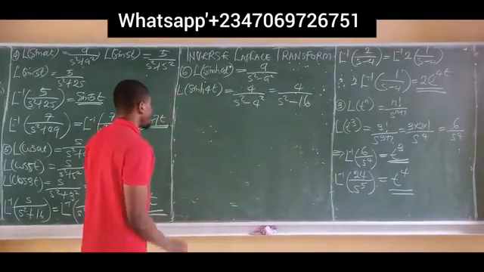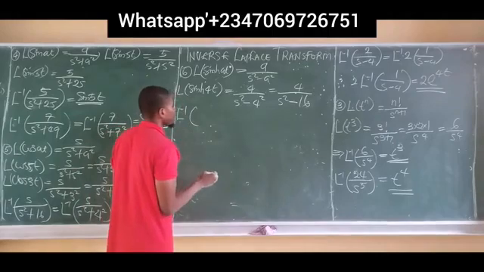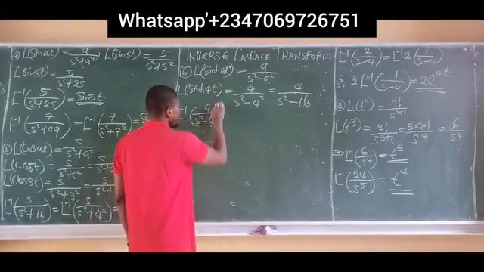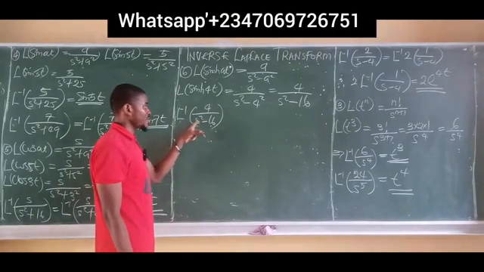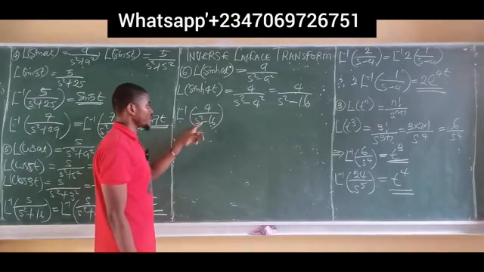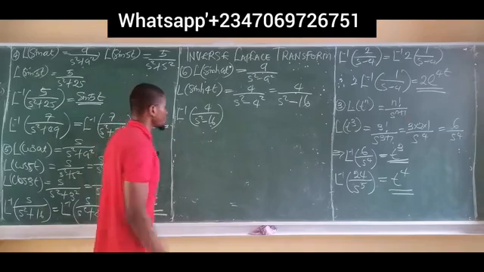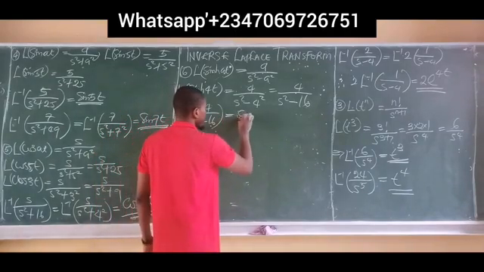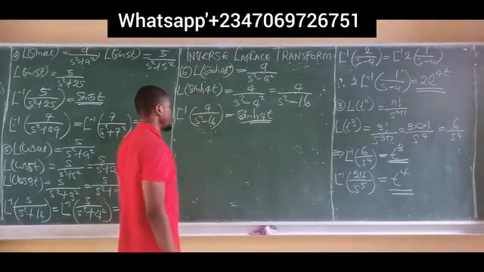So if I'm asked to find the Laplace inverse of 4 over s squared minus 16, immediately I see the sign changes under here from positive to negative, it becomes no longer sine but rather a hyperbolic sine. So this should tell me already that this is sinh 4t.